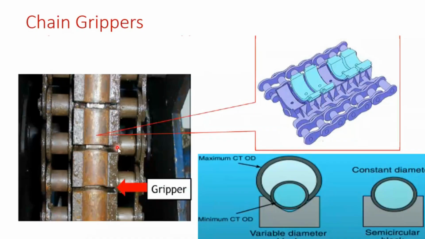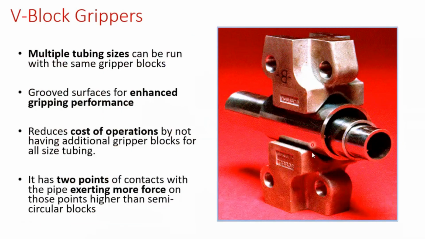The gripper blocks can be of different types. The most common types are the V gripper block and the semicircular gripper block. The V gripper block can accommodate different sizes of coil tubing, while the semicircular gripper block accommodates a single size of coil tubing. The V block exerts more force because the contact area with the coil tubing pipe is on those two points only.